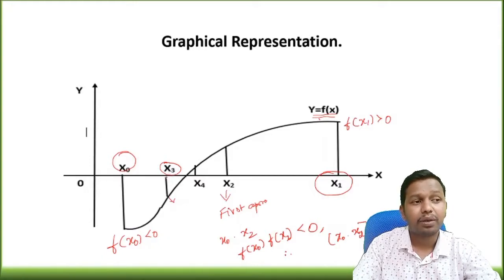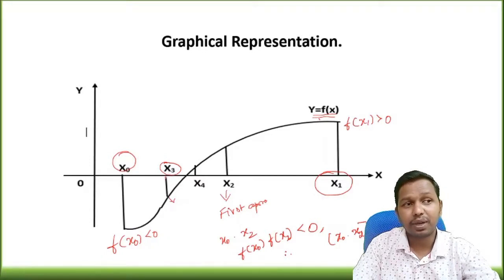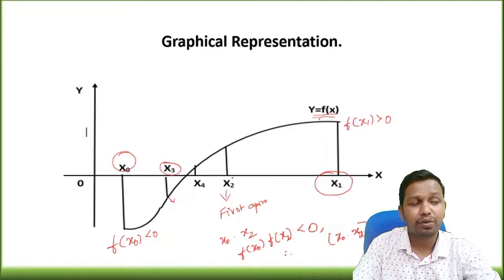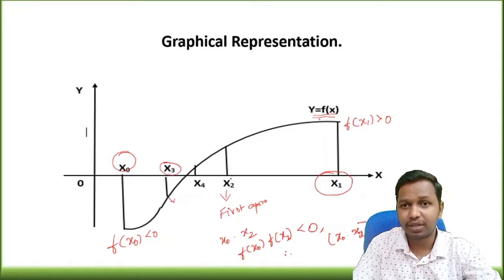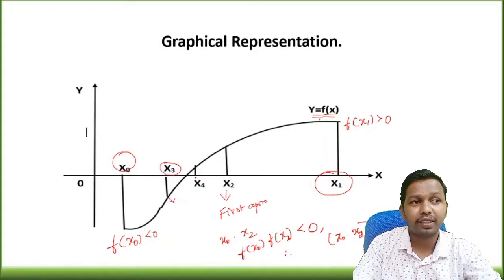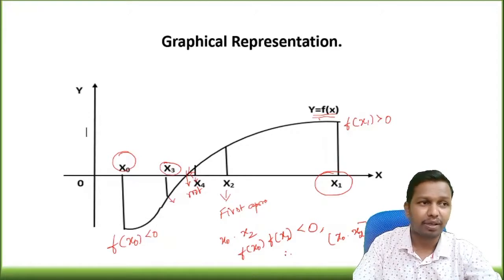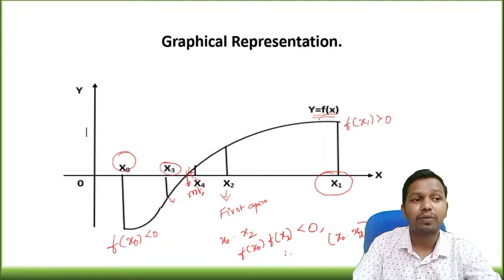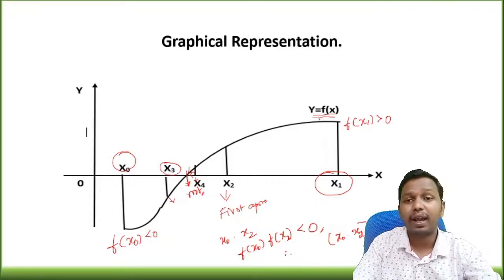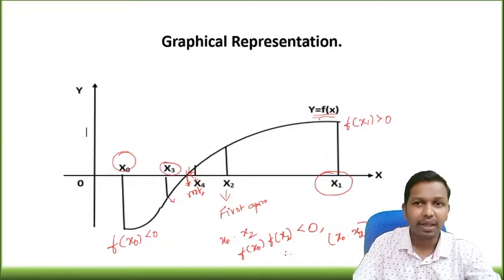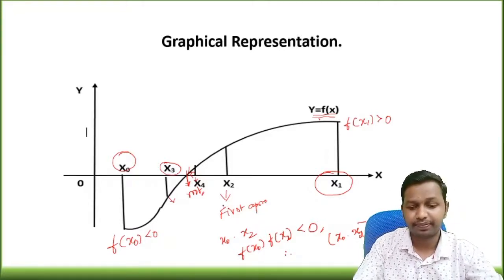So we have to consider the interval x3 and x2 for the next approximation. Their midpoint is x. By repetitive application of intermediate value theorem, our function is tending towards the root of the equation. This is a graphical explanation for the bisection method.